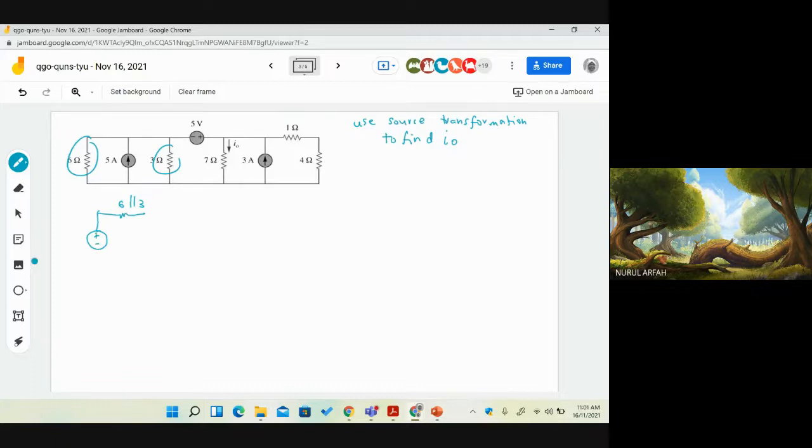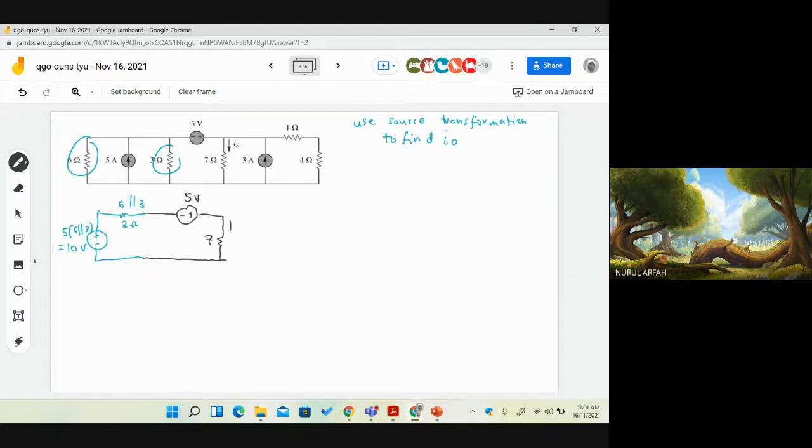So you have a plus at the upper side, and the voltage is equal to 5 times 6 in parallel with 3. What is this equal to? This is 2 ohm, so 10, right? Agree? Okay, good.